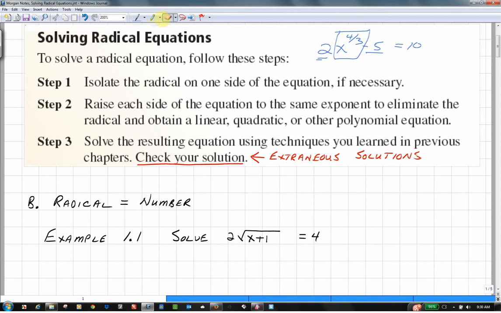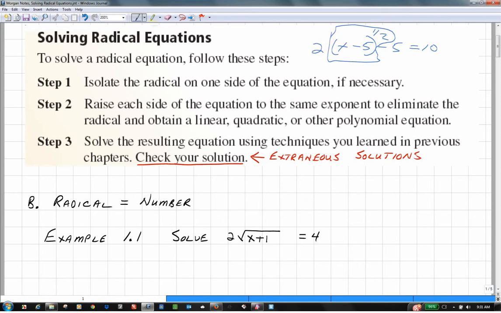One more example of that: let's say I had something like 2 times (x minus 5) to the 1/2, and another minus 5, equal to 10. This part here would have to be all alone, the part with the rational exponent or the radical, and this time the minus 5 is inside the parentheses.